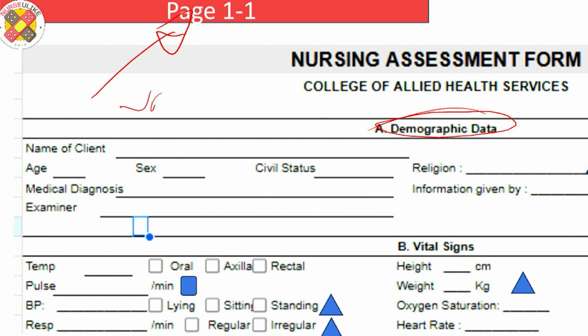When you say John Smith, the first name is John, the last name is Smith. So here you write Smith, comma John. Then you put the age and the sex, whether it's a male or a female. If it's a male, you can just put M.